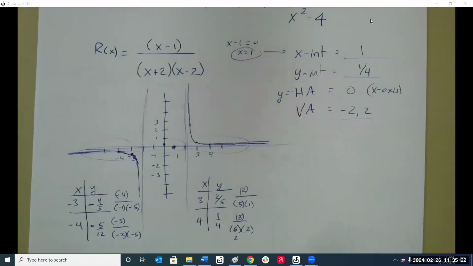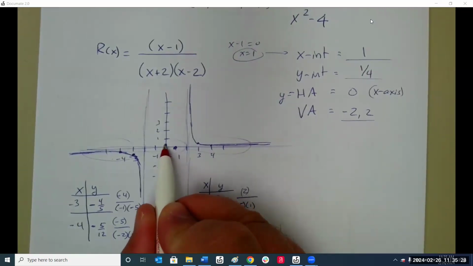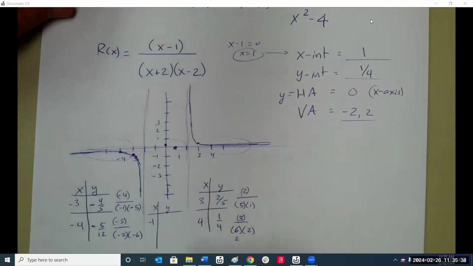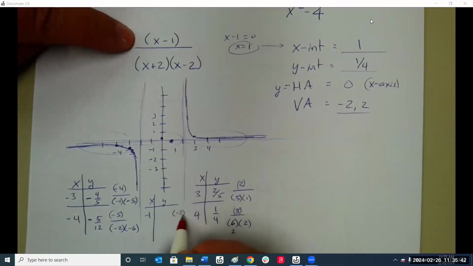Now the question is what happens in the middle? We know at 1 it's a 0. At 0 it's 1/4. What happens at -1? We got -2, 1, -3.